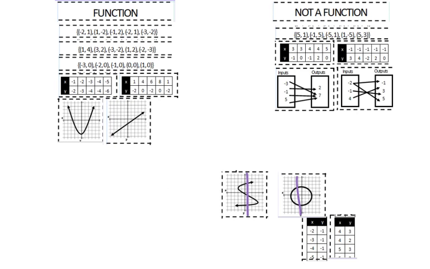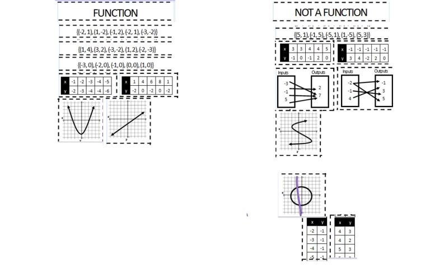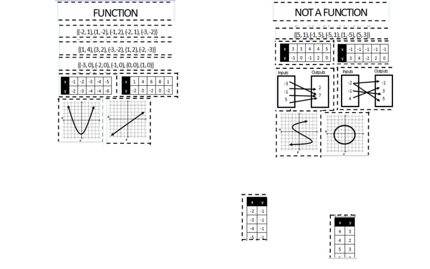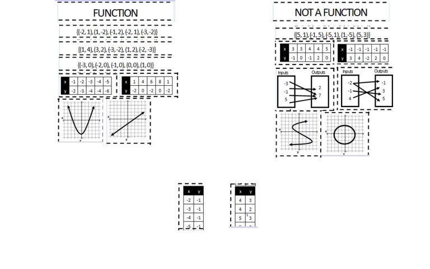In the S-shaped graph, you can see that my line touches here in 3 different places, so that is not a function. And then the circle as well, the line touches the graph twice, so that one is not a function either.